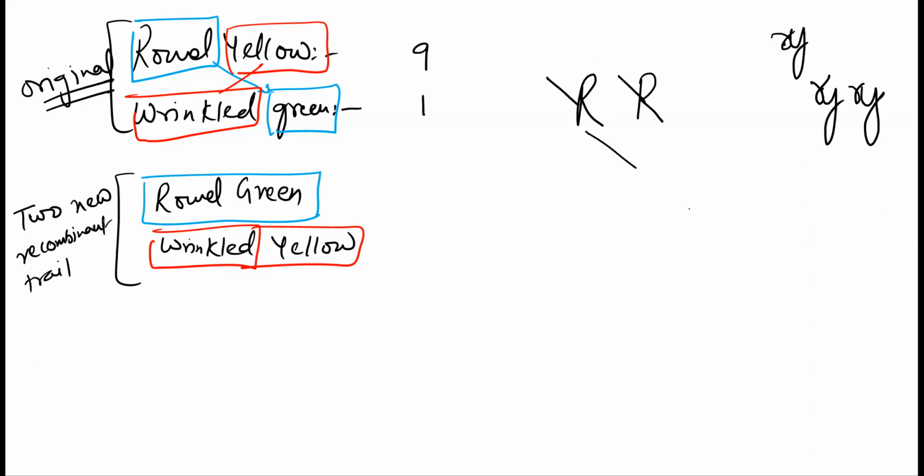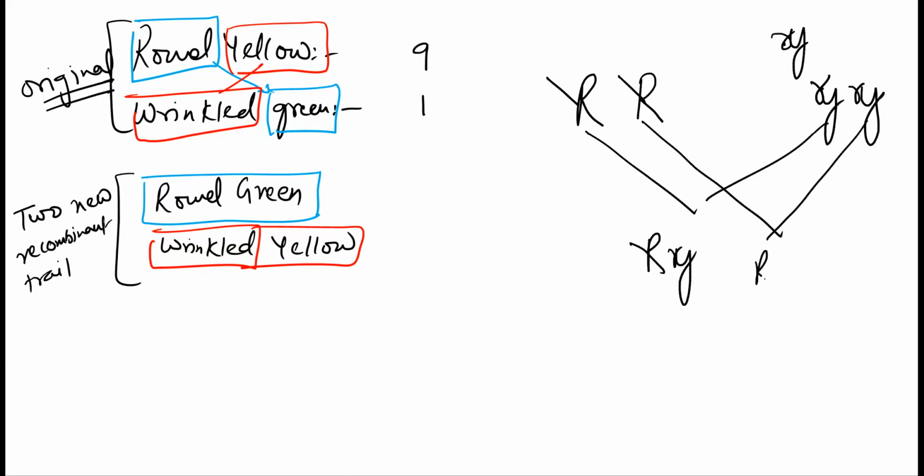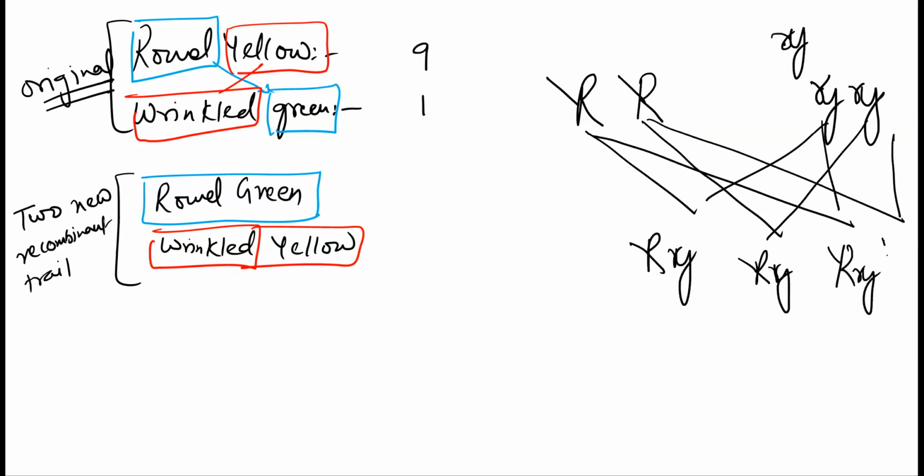So when they cross together, what will they give you? Round yellow. Similarly, this when crossed together will give you round yellow. This will give you round yellow, and this will give you round yellow, because the round yellow gene is dominant over wrinkled green.